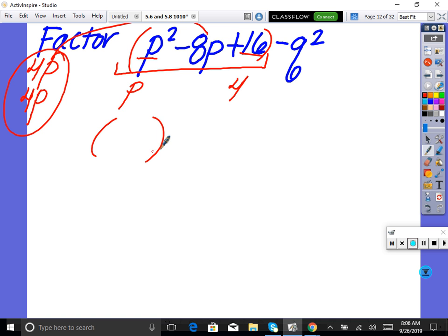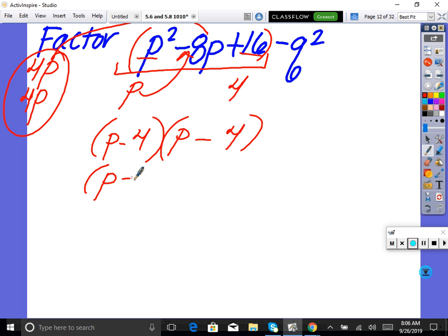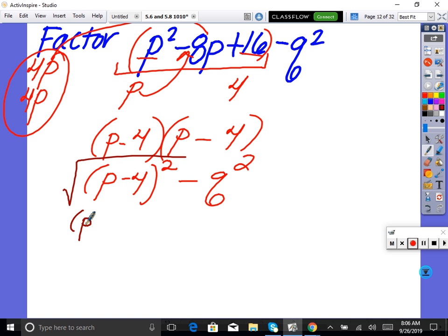We know this will factor to be p and 4, and the sign must be minus minus. Instead of writing it as p minus 4 times p minus 4, we're going to write it as p minus 4 squared. And then we have minus q squared. Then you would restart your thought process over. At this point, I now have 2 perfect squares. If I square root the front thing, I get p minus 4.